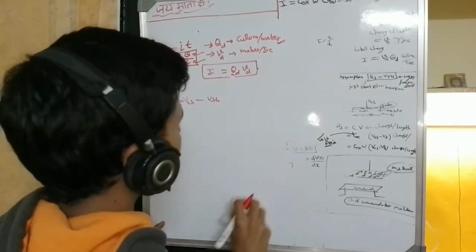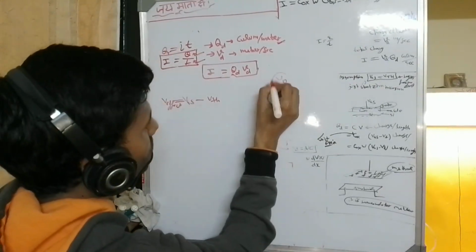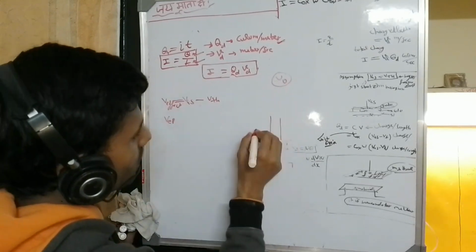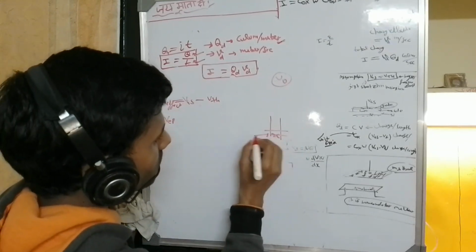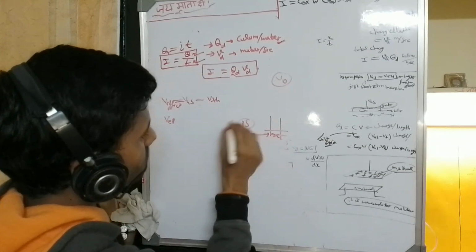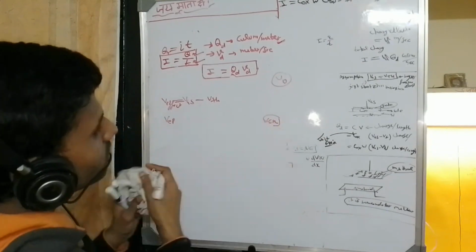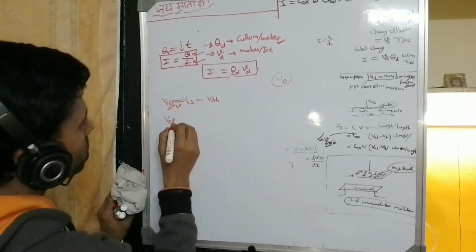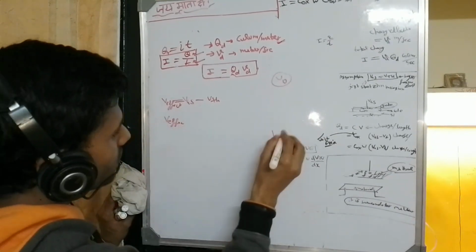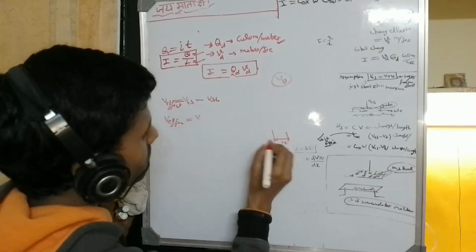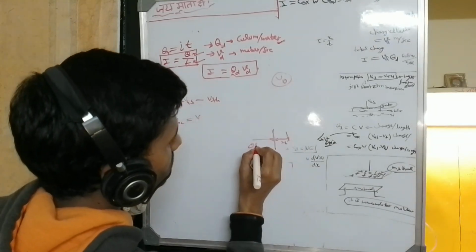Now let us suppose I apply VD voltage, and because of that, what will be the effective voltage in the region at the x distance from the source, at Vx, from the 0 volt?